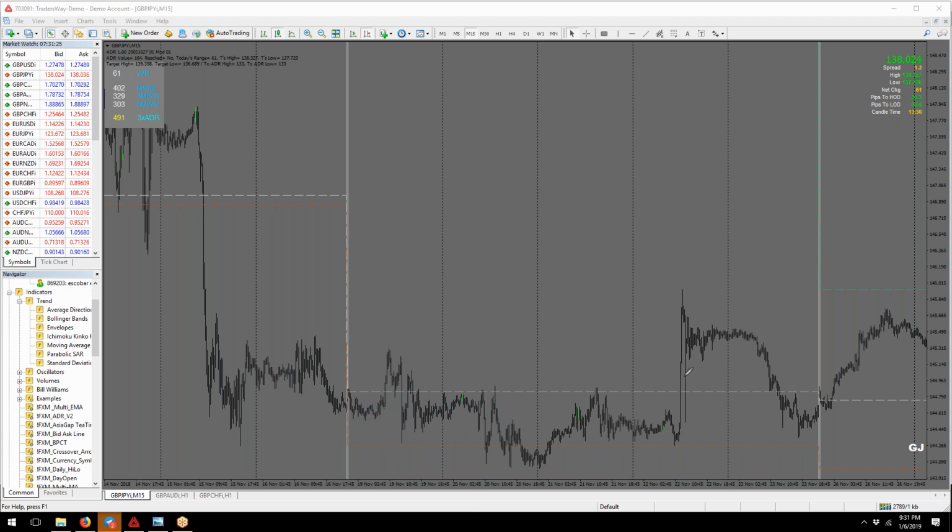Even though there was a nice big move here, look what happens. I'm going to break it down. They go sideways. I can't distinguish where's the peak high, peak low. They drop, went back up again, went back down again. Now, put a line right here. Look what they're doing. Now they're going back up again.